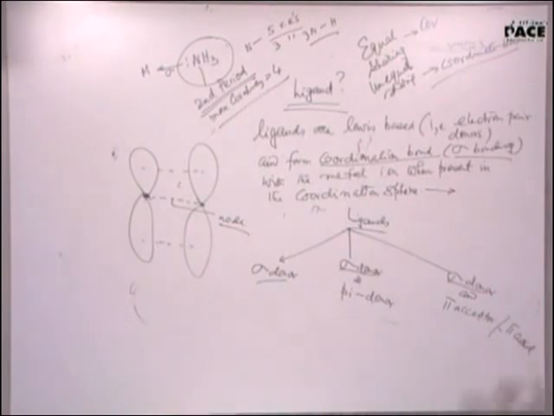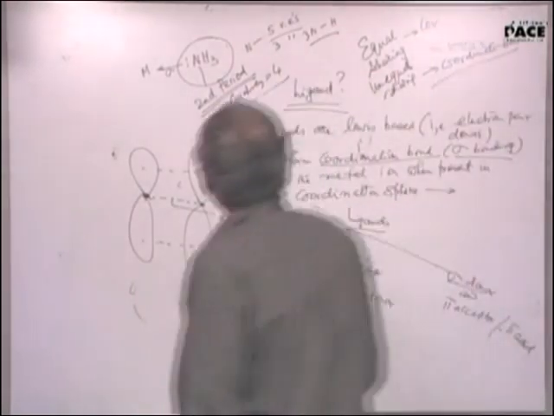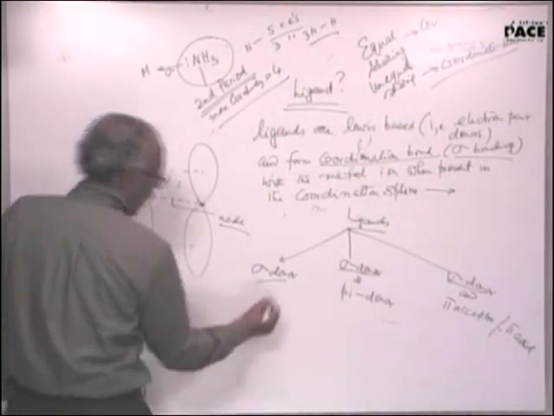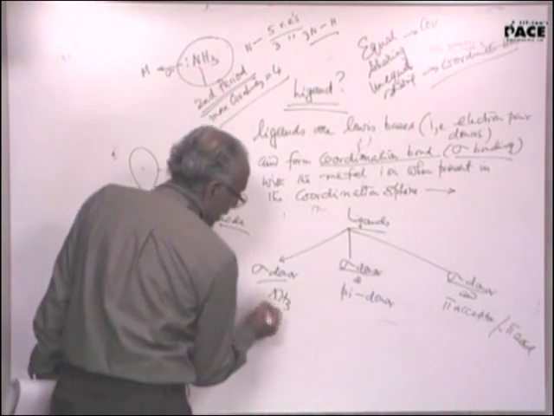So it has only one lone pair of electrons, and it can only give a pair of electrons to the metal. It does not have a vacant orbital to accept electrons from the metal, so it cannot act as a pi acceptor. Neither does it have any extra electron pair to function as a pi donor. So ammonia is a sigma donor ligand.